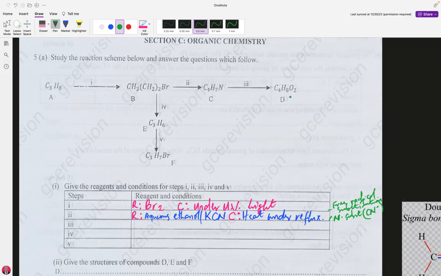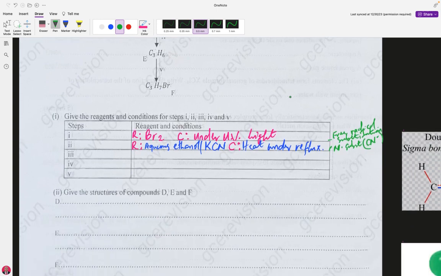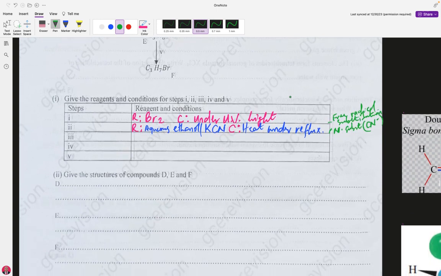So now, what are the reagents in this reaction? I say the reagent is acid hydrolysis. In this case, I am going to use aqueous acid. It could be hydrochloric acid, it could be sulfuric acid, but we'll call it acid hydrolysis.